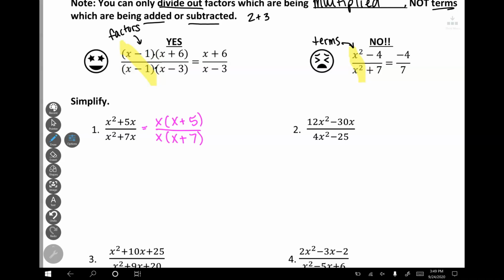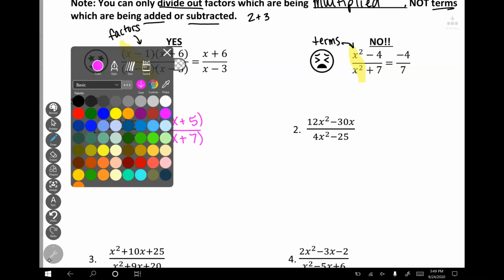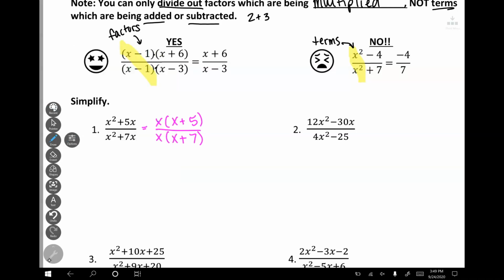Okay, so now I've got two factors in the top and the bottom, x times x plus 5, x times x plus 7. You see the x appears on the top and the bottom, so x divided by x is 1. They cancel. Okay, so that leaves us with x plus 5 over x plus 7. And that's how that works.